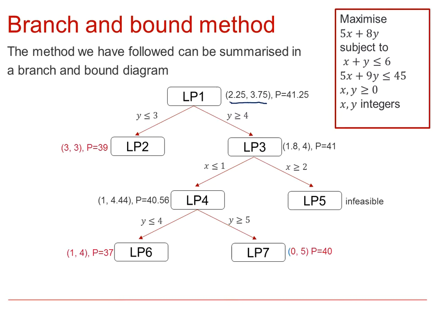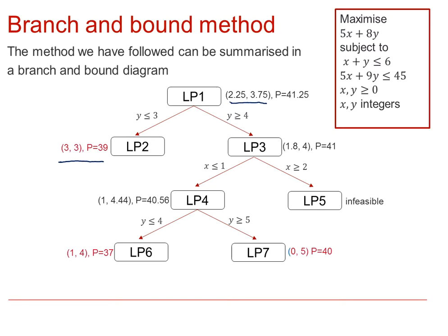Splitting then into the y values, we then found we had an integer solution, LP2, at the point 3, 3 with P equal to 39, and then another option, LP3, which again, because the x coordinate was not integer, we split to look at x less than or equal to 1, x greater than or equal to 2.